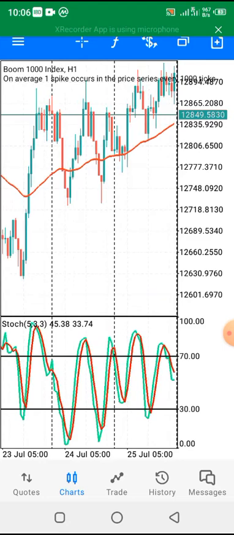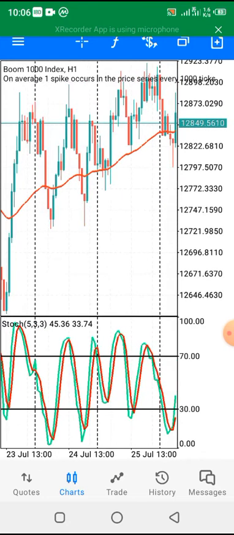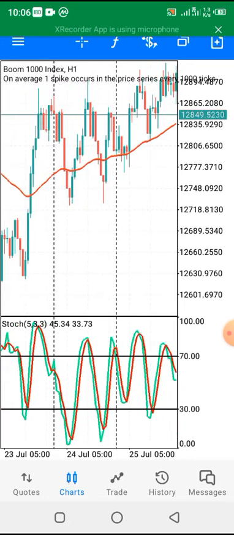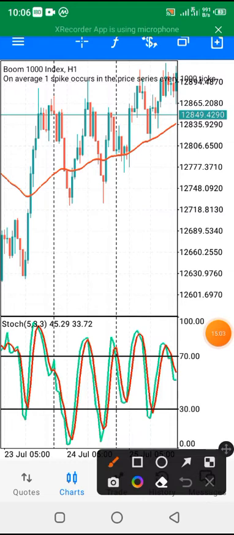So look here, guys. Now this was a perfect example of buy setups, right? This was a perfect example of buy setups, right? Look here. Let me start with the first example. As you can see now here, right? Price was now trading below the 30 region, meaning now that it was oversold, right?